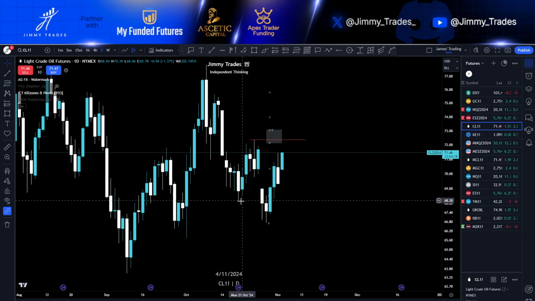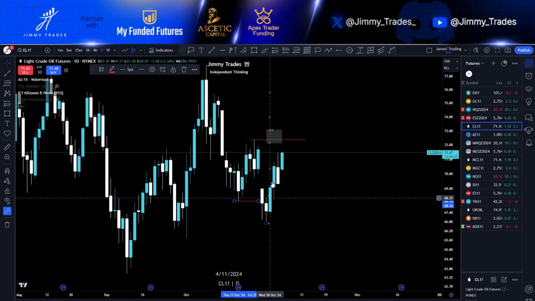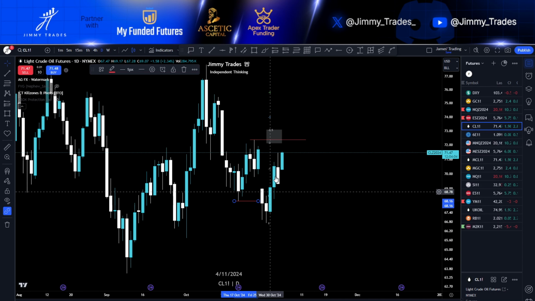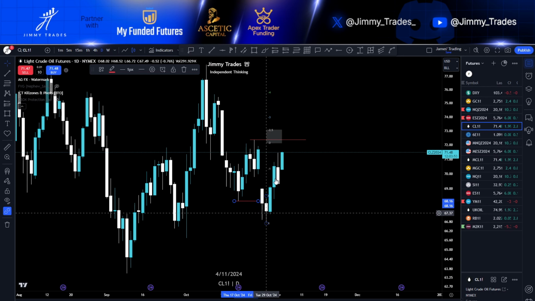After sweeping this external, we had this opening gap that price was likely always going to fill. We had a Tuesday low of the week, expansion through Thursday, and then TGIF Friday. So a really good example there of a weekly profile with the Tuesday low of the week.